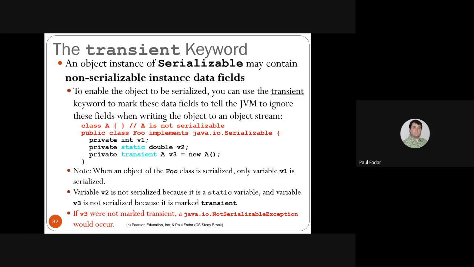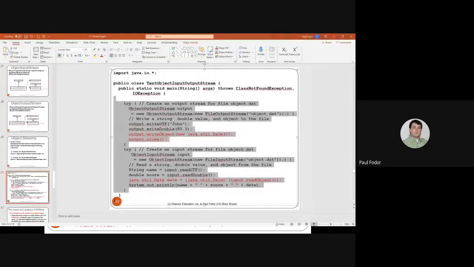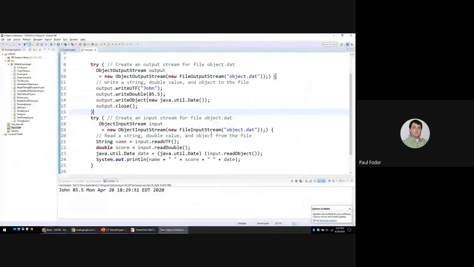If v3 wasn't marked as transient, then we would get a NotSerializableException at runtime, because we would try to serialize an object of a class that doesn't implement Serializable.